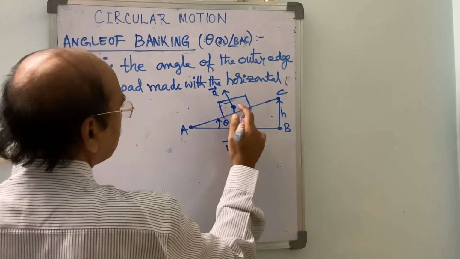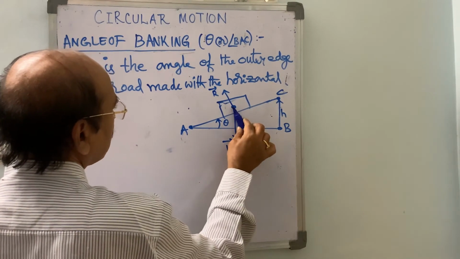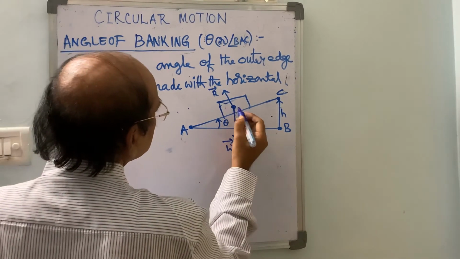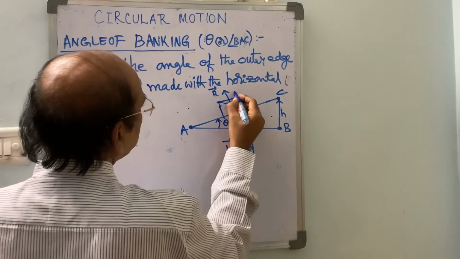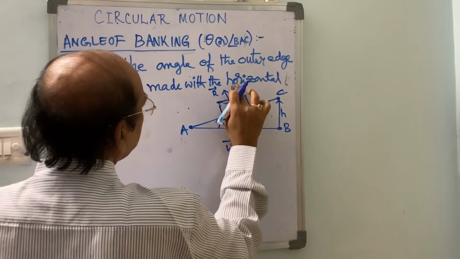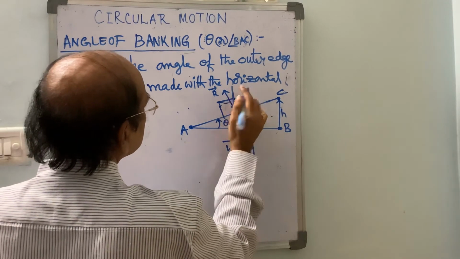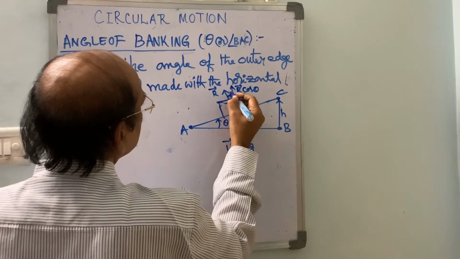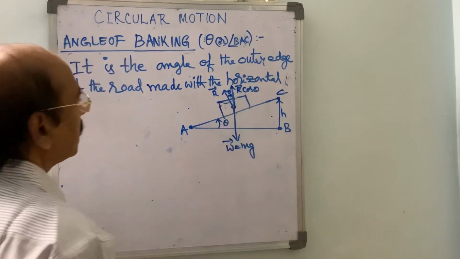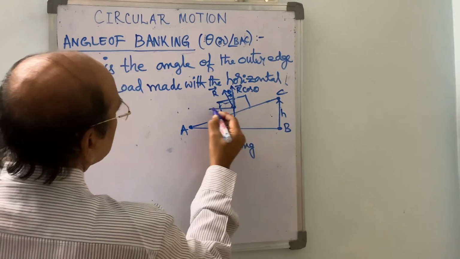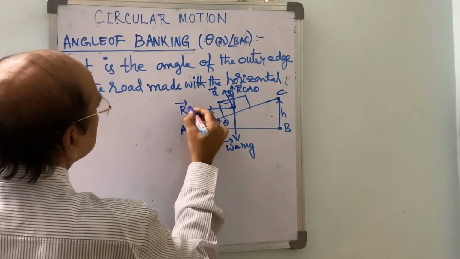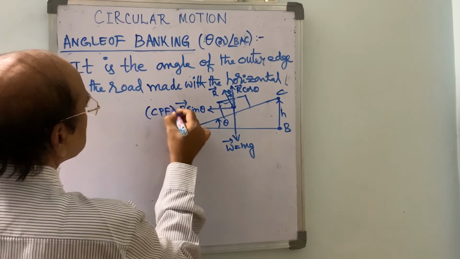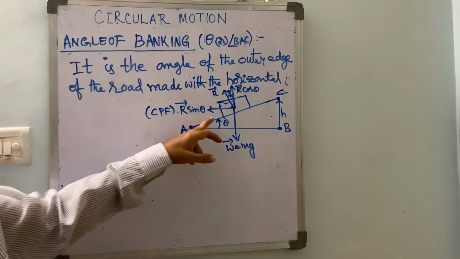This R bar can be resolved into two perpendicular components: one along mg, this is R bar cos theta, and this is R bar sin theta, which provides the necessary centripetal force towards the center of the circular path.